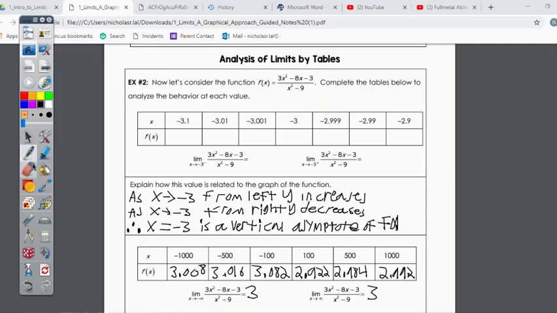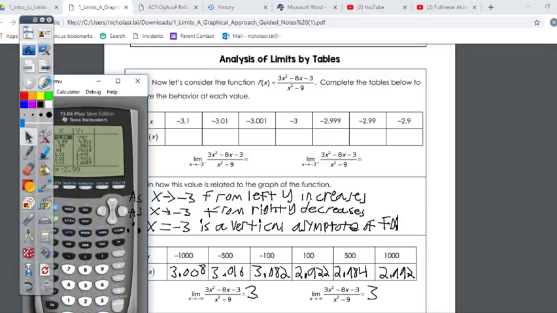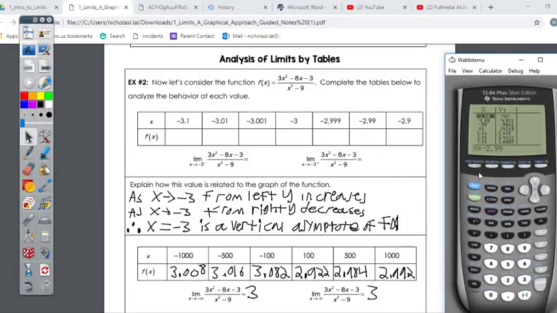And one trick you can do, if you have this function in your calculator, is that you can see what you're approaching. You say, let's approach a really big number. It can be even bigger than 1,000. Let's do a table start at 10,000, and you're really getting approach to 3. Hopefully, you're starting to see that it's approaching 3.